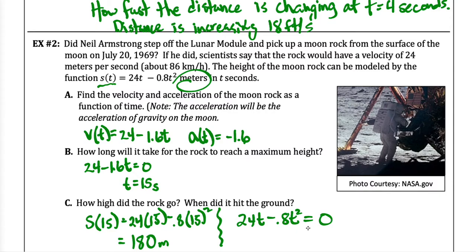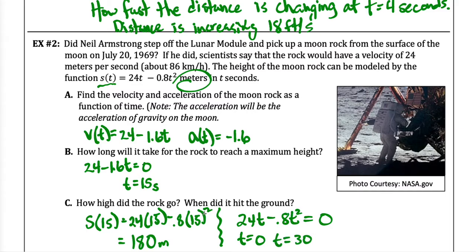Let's factor out a 0.8 t, or just a t. So one answer is 0, one answer is going to be 24 minus 0.8 t, 30. Oh yeah, it's going to be 30 seconds because it took 15 seconds to get to the top.